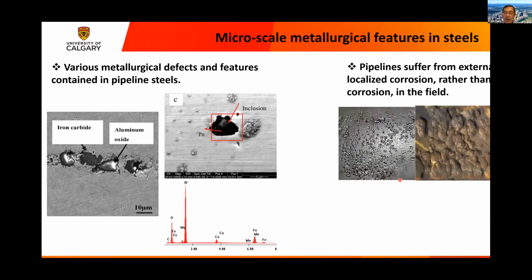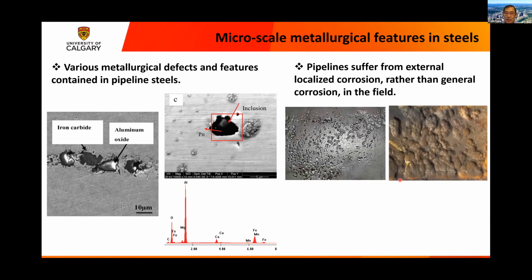At the same time, the metal structure in the surface environment can usually form micron-scaled pitting corrosion. So it's not the general corrosion, but a localized corrosion. This pitting corrosion in the early stage is usually micron-scaled.